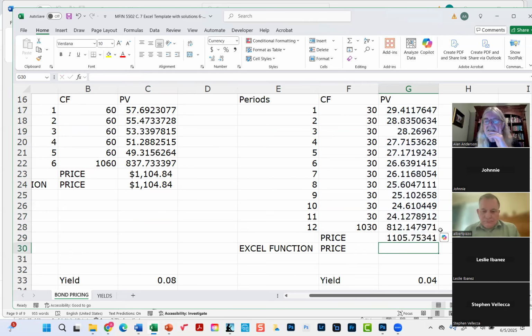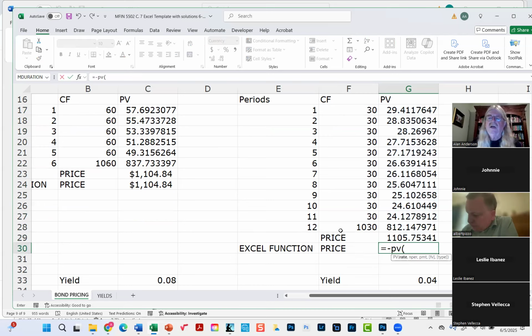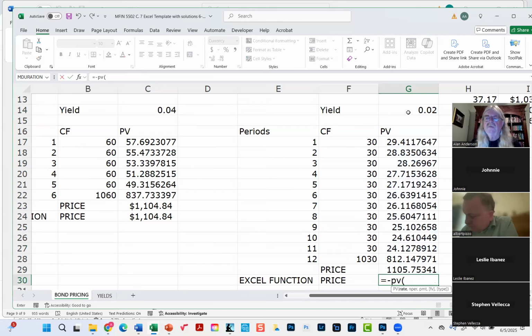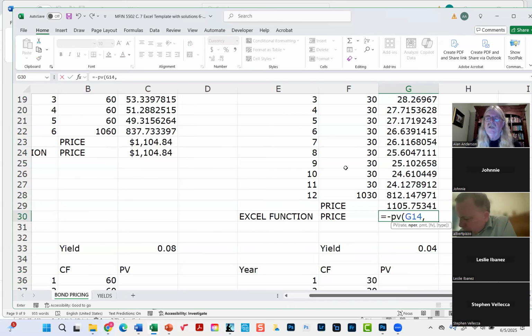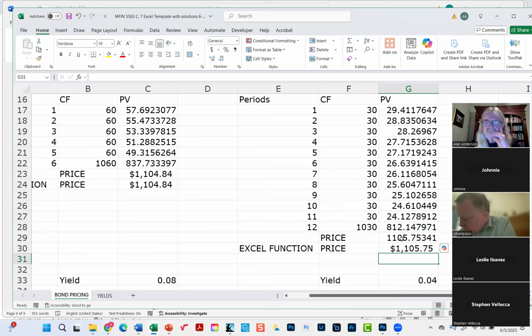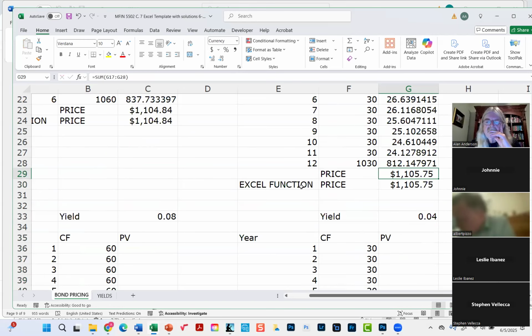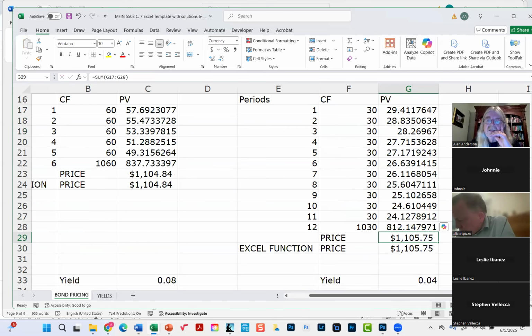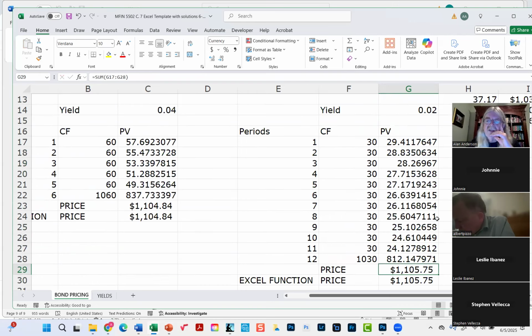Oh yeah, like less than $1. This part doesn't change. PV, the rate is 2. Number of periods is 12. Payment is 30. So that did cause the price to go up slightly.